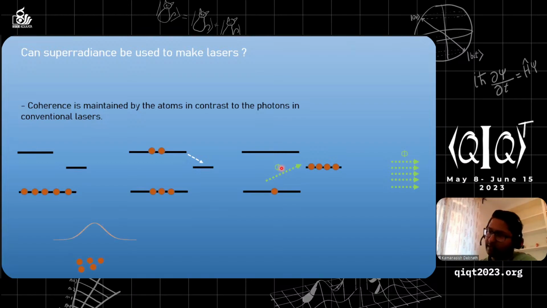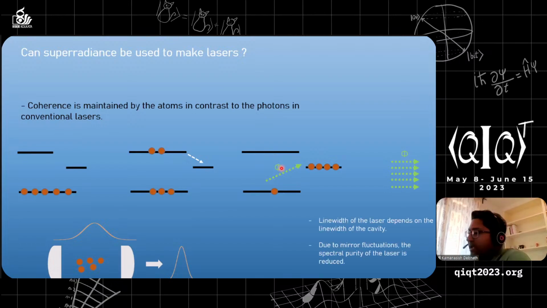In a normal laser, you have a gain medium which generates a pulse, or has a much wider broadband, and then there is a cavity which narrows it down, and that is what a laser is. So the line width of the laser depends on the line width of the cavity.